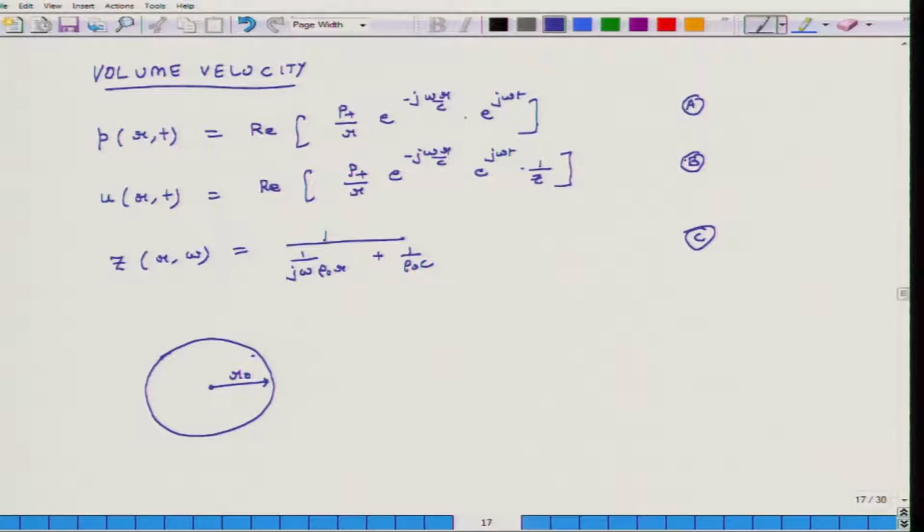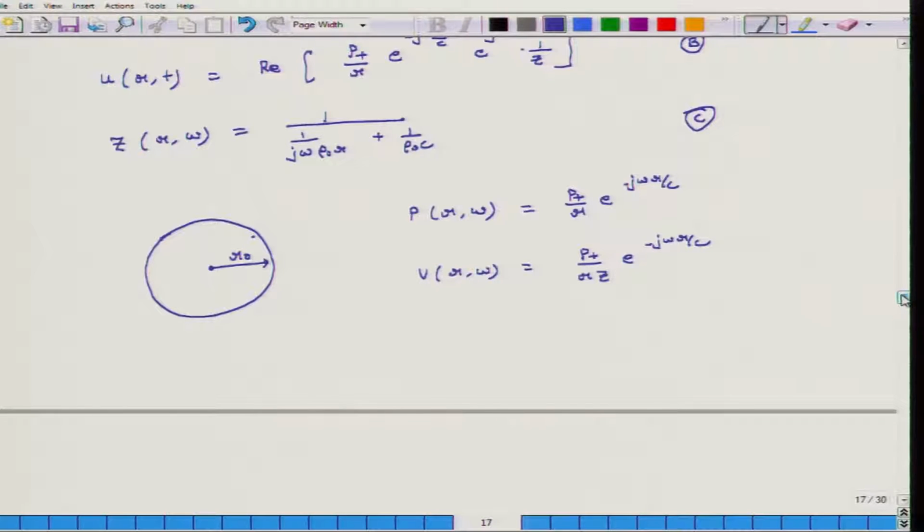From A and B we know that the complex amplitude of pressure is P plus over r, e to the minus j omega r over c, and the complex amplitude of velocity is P plus over r Z, e to the minus j omega r over c.